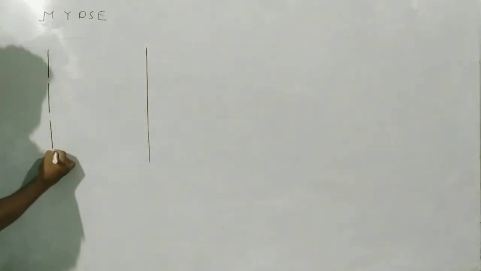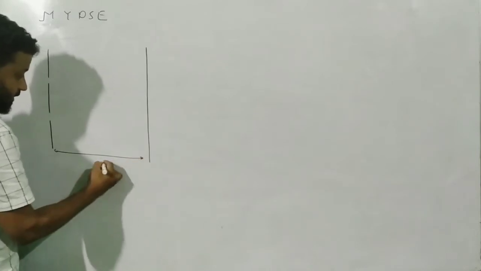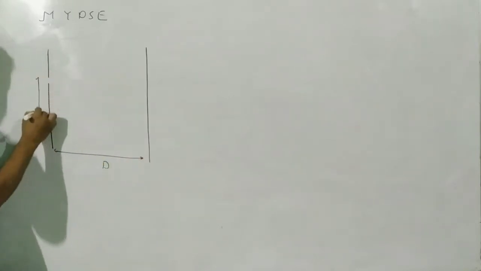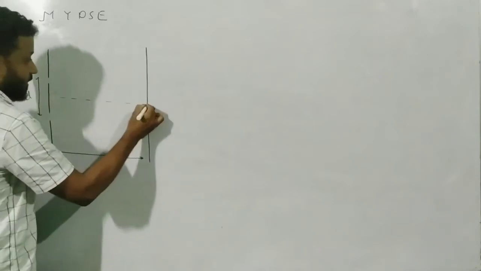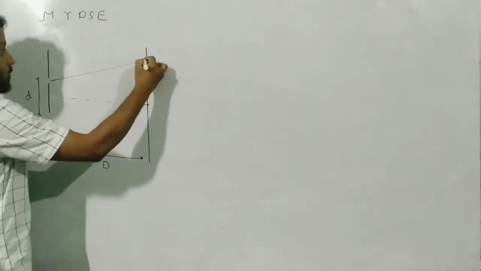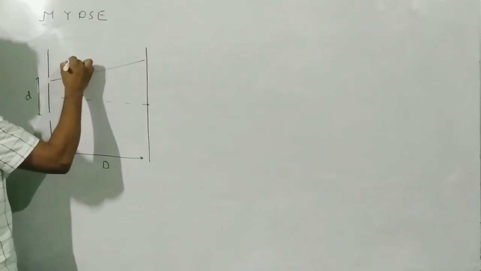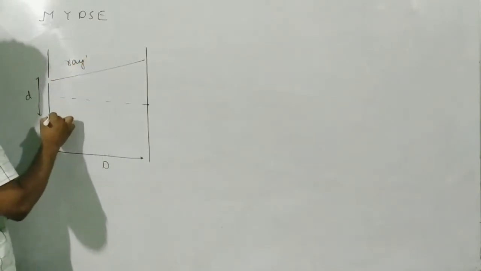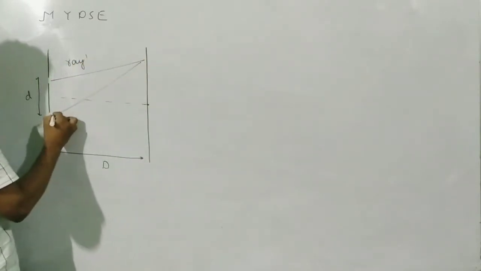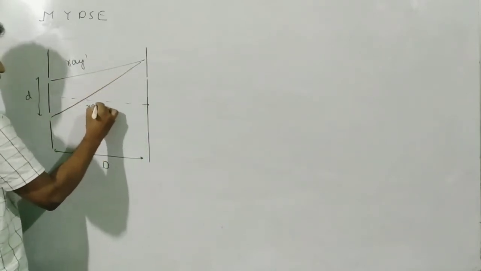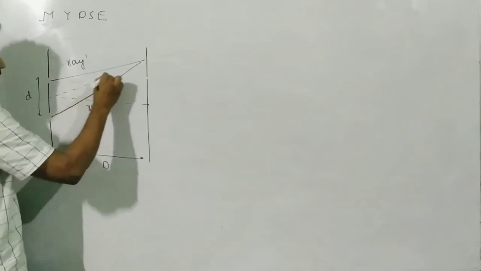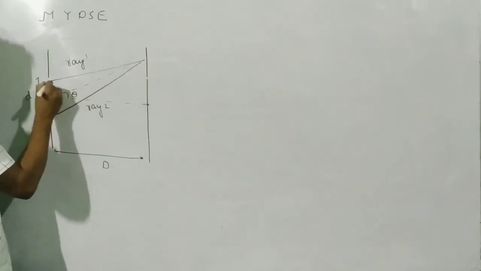This is my screen, this is the distance d, this is small d, and let us say that this is the center point of the screen. So one ray goes here, let us consider that as ray 1, one ray goes here, let us consider that as ray 2, and this is the reference line. All this makes an angle of theta.